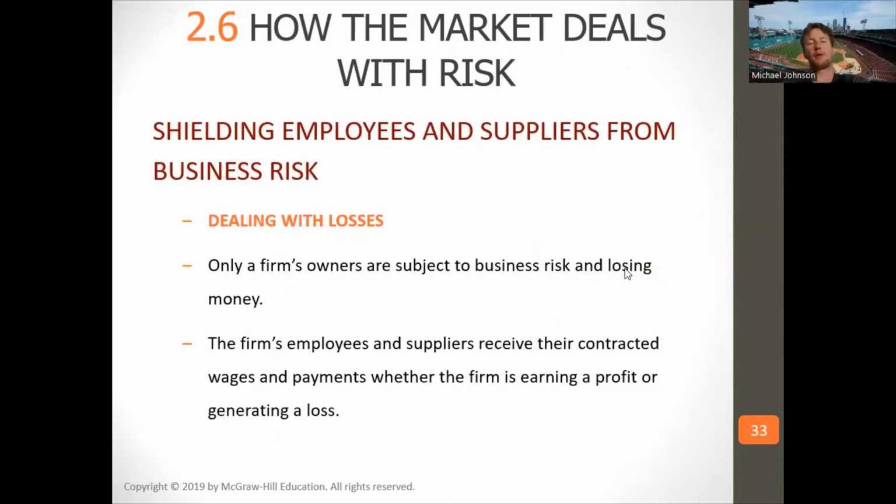Dealing with losses, only the firm's owners are subject to business risk and losing money. The firm's employees and suppliers receive their contracted wages and payments whether the firm is earning a profit or generating a loss.